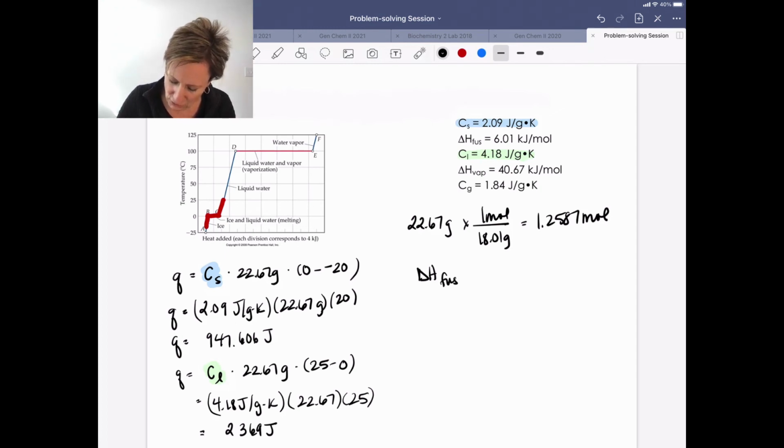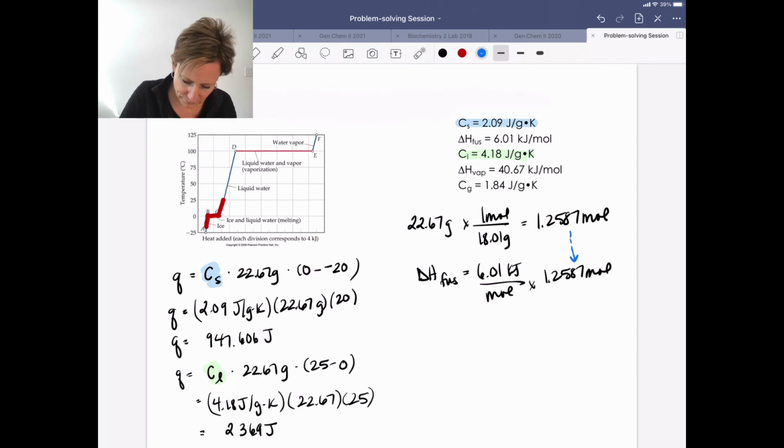That is again 6.01 kilojoules per mole, and I'm going to multiply it by the number of moles that I have. Let me put this so that it's easier to see the unit conversion here: kilojoules per mole times 1.2587 moles.